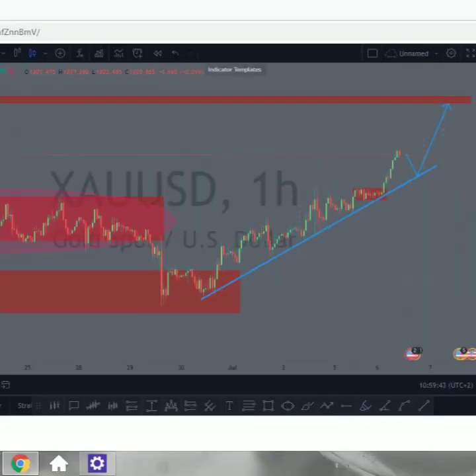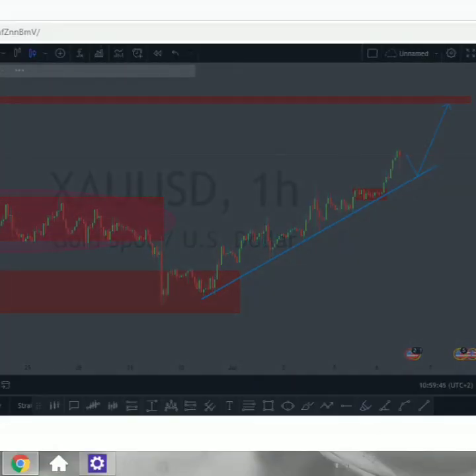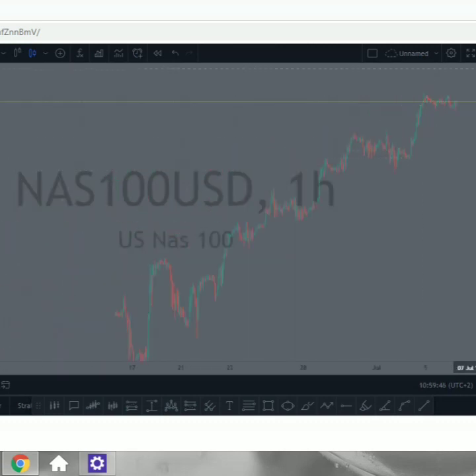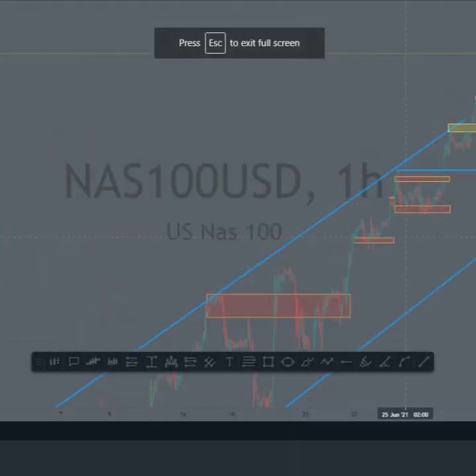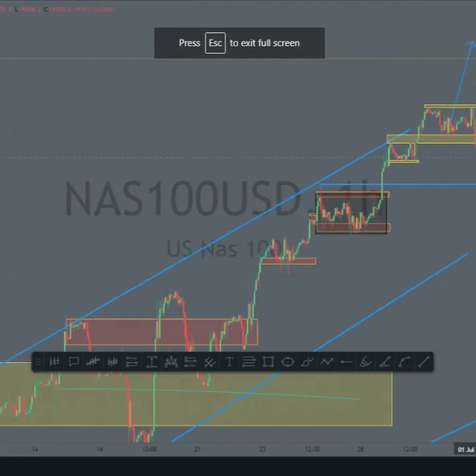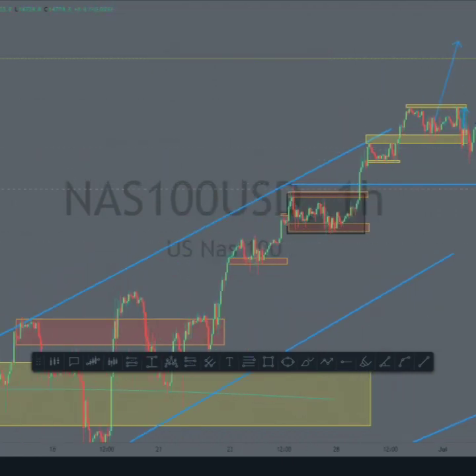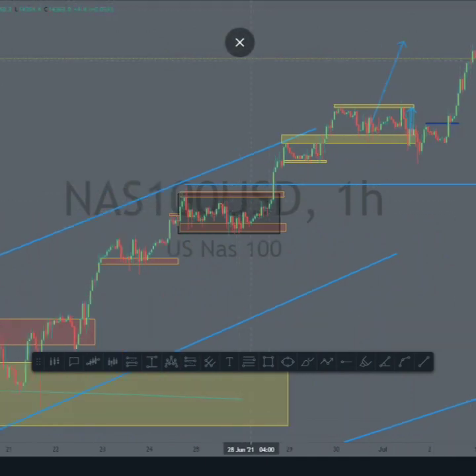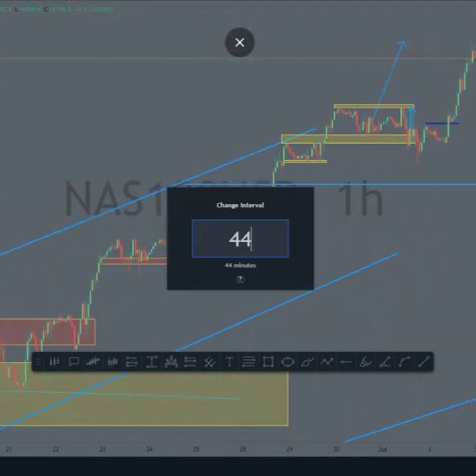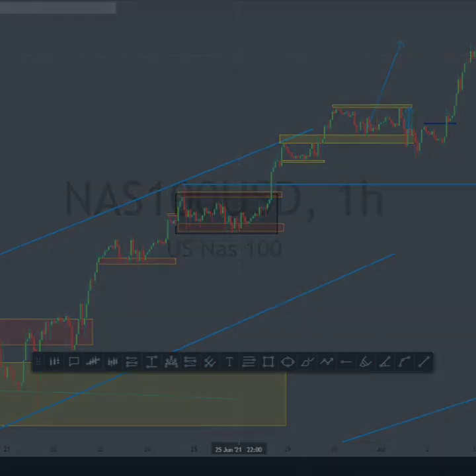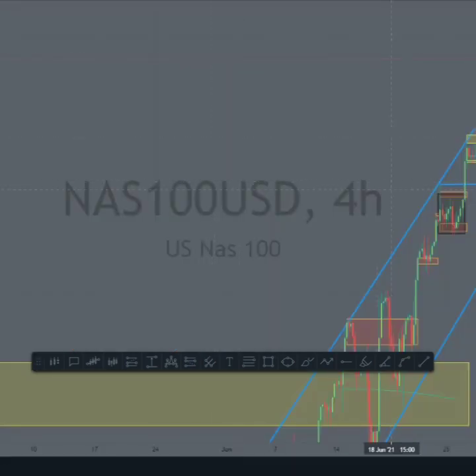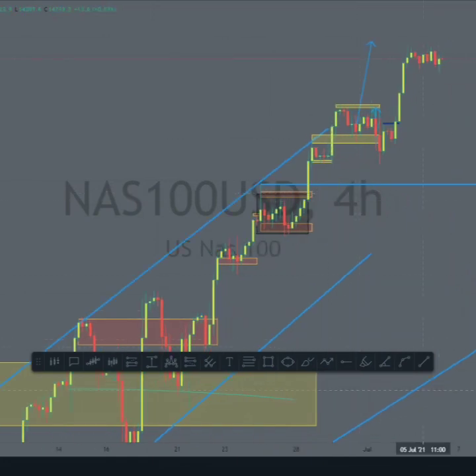So now let's go to our NAS 100, and we are going to check on NAS 100. As you can see, NAS 100 has been respecting me, guys, since I analyzed it. On NAS 100, I'm going to show you only my analysis and the strategy. Let me go to my 4 hour, and I'm going to explain what was happening here.